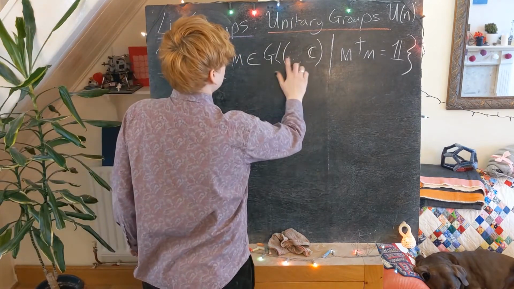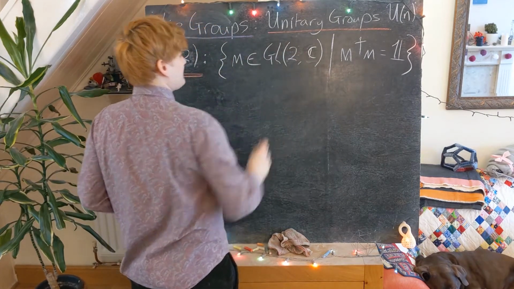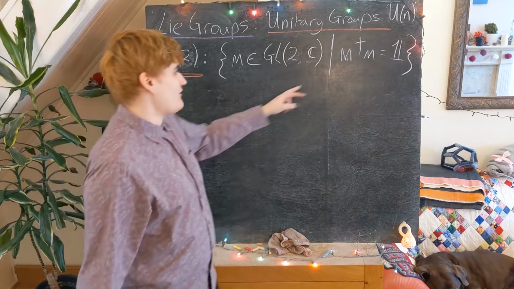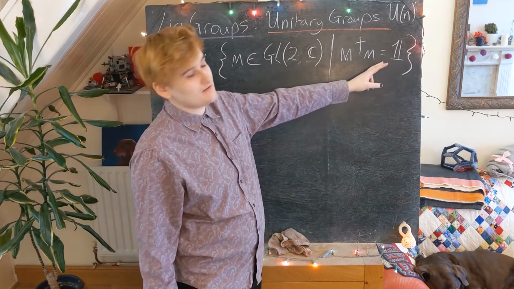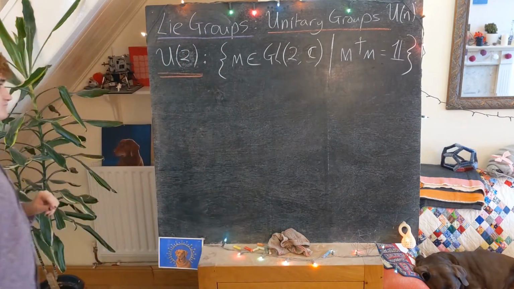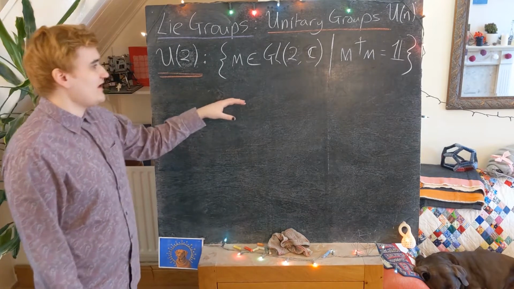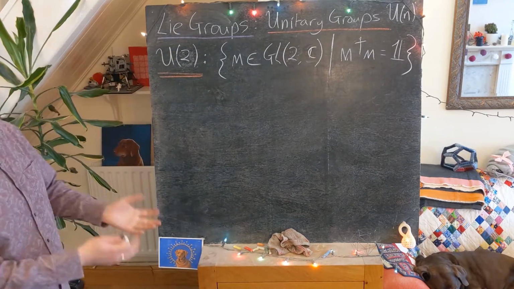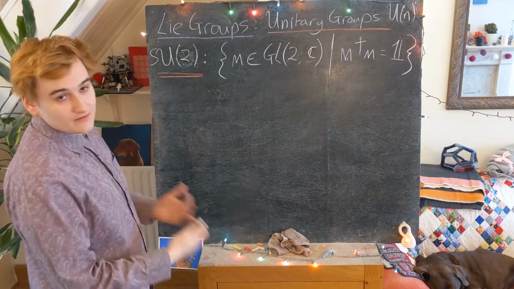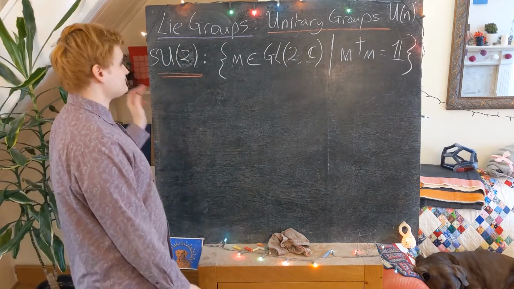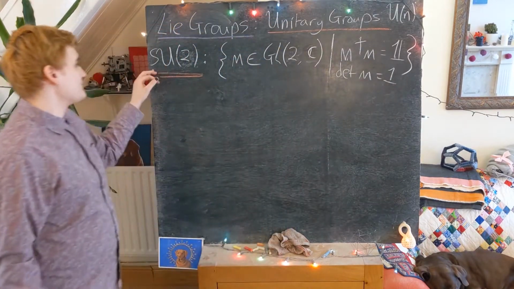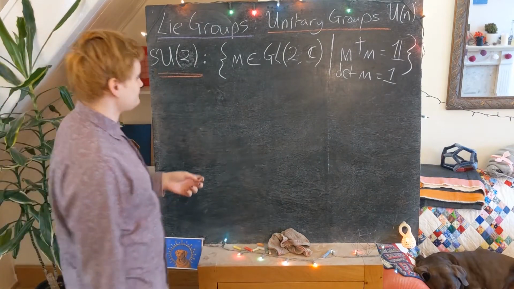So it's going to be a subset of the 2-by-2 matrices with complex entries that now have to satisfy M dagger times M is the identity, or our unitarity property. So I'm actually going to ignore the unitary group and just jump straight to the special unitary group, as it's really where all the interesting stuff is going to be happening. So I'm just going to add in my other condition that we know comes from the special refinement.